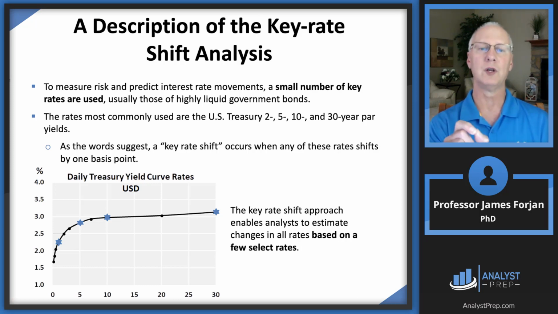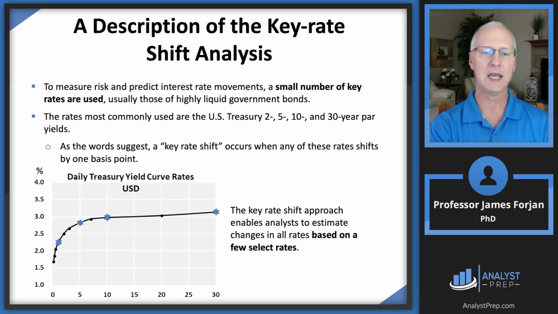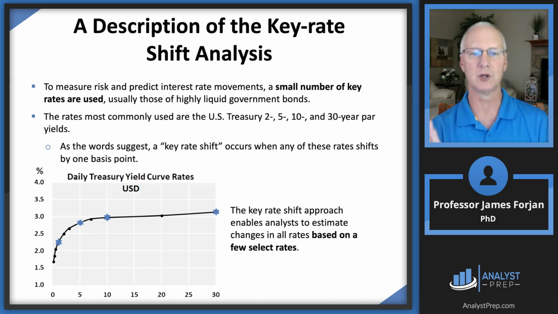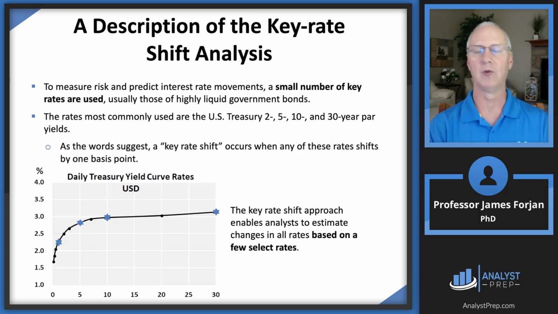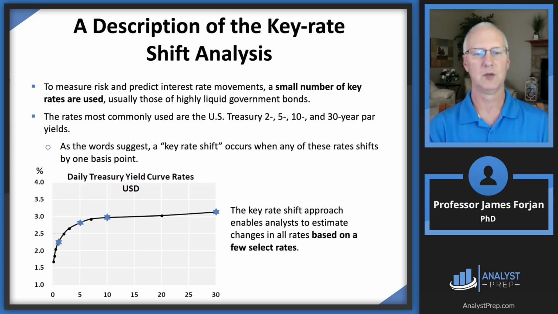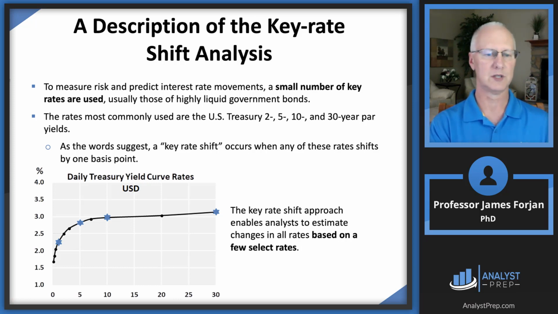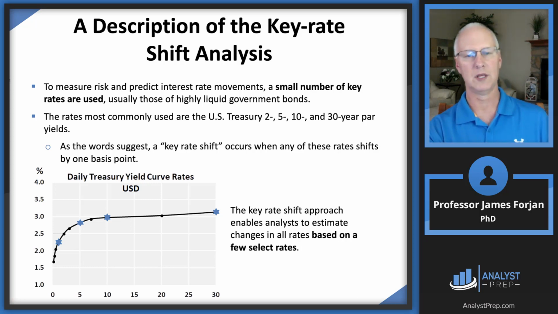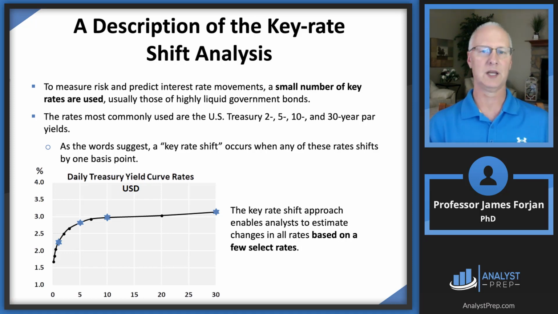What we want to do is identify key rates along that yield curve, key rates that are really important to us. Now, the convention is to use the 2, the 5, the 10, and the 30. Those are the blue asterisks, so you can see those along the yield curve, and those are going to be our key rates. So that's pretty much the convention.